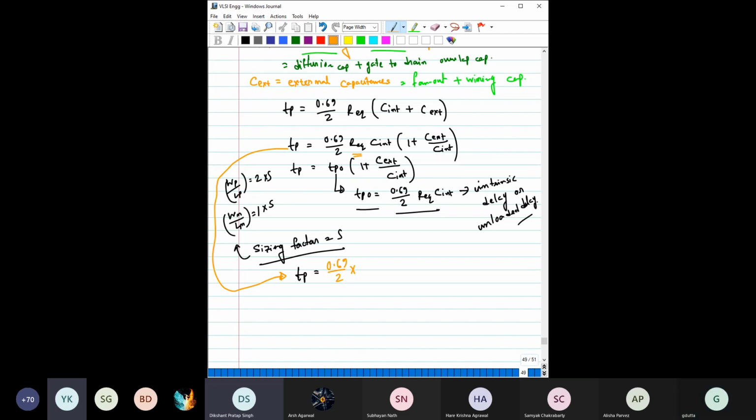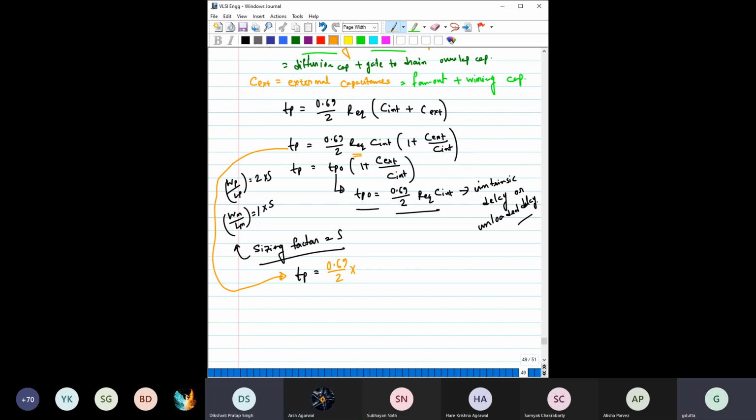Yes, sir, I don't think it will change because in the formula it was dependent only on VDD and IDS, and VDD is external supply, it cannot change.